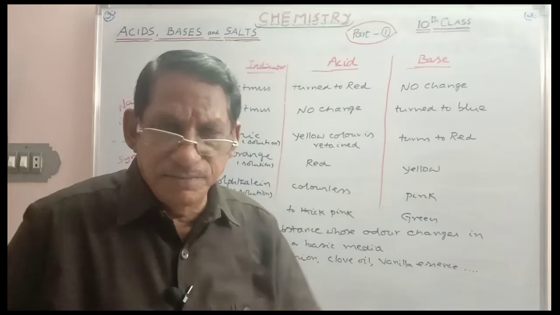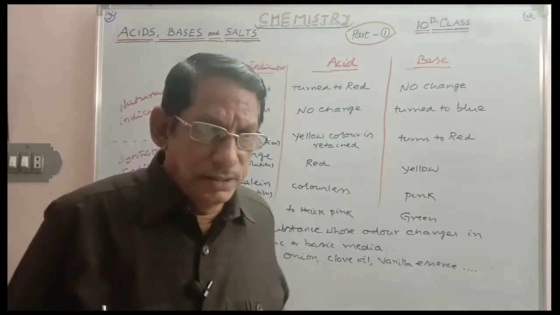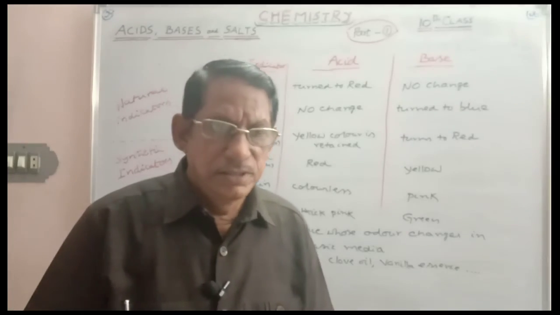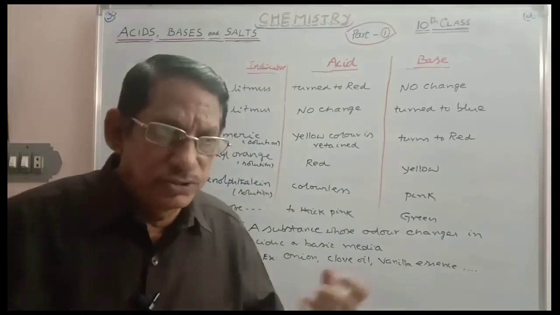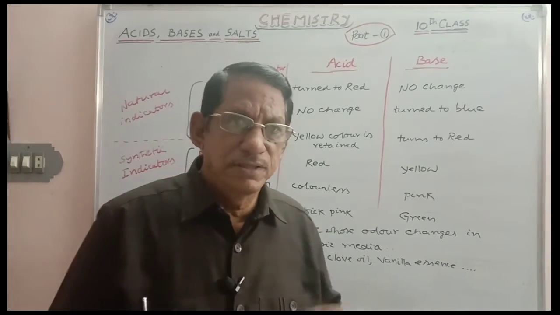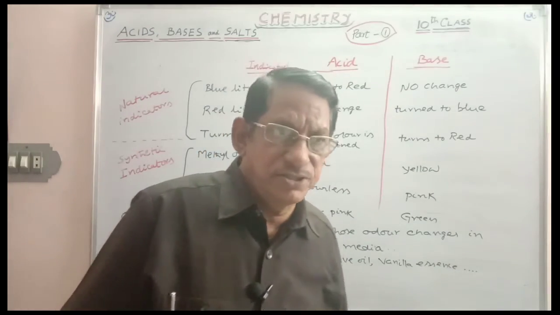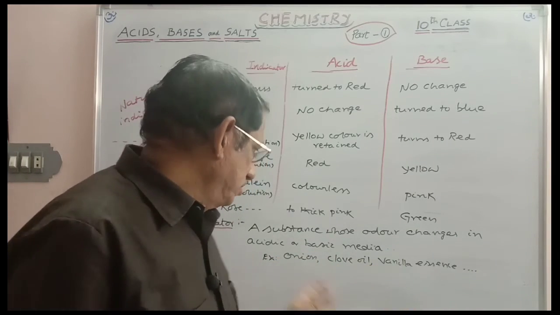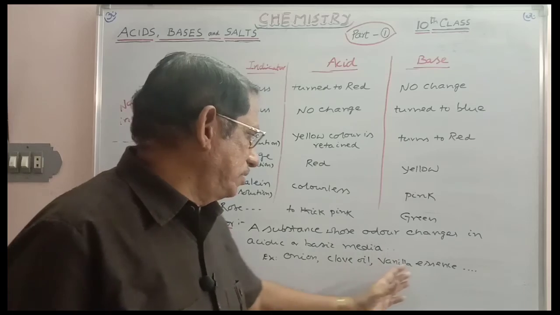And in the case of acidic medium, the odor is not changed. There is no change at all. In this way, which is acid and which is base can also be indicated by using olfactory substances like onion, clove oil and vanilla. The same action will be repeated with clove oil and vanilla also.